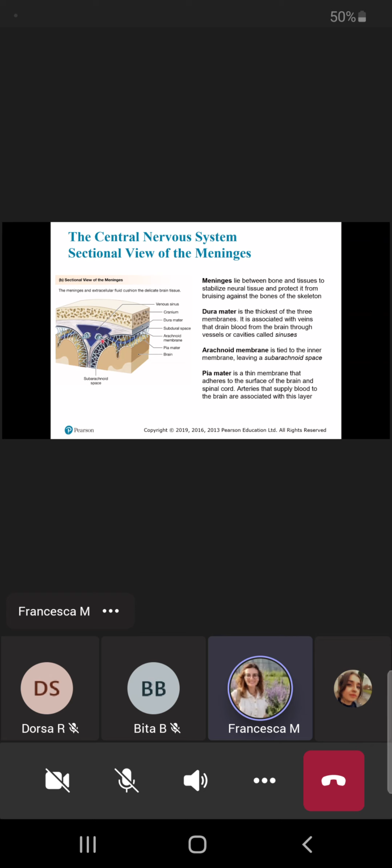sinus. And as you can see, there is also this kind of portion that comes from the subarachnoid space that moves into the sinus. We have these structures, called villi, because they support the exchange of ions, vitamins from blood and the cerebrospinal fluid that is located in the subarachnoid space.